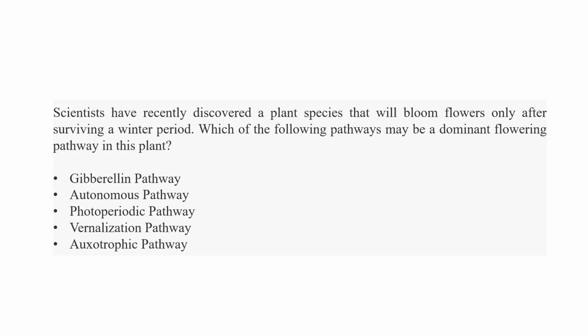Vernalization pathway ensures the flowering only after the plant has gone through winter, preventing premature flowering in autumn season. Okay, and genes such as FLC, which is known as flowering locus C, which is basically a floral repressor, these genes are silenced by vernalization, and this allows flowering genes like FT, SOC1 to be expressed in the spring.